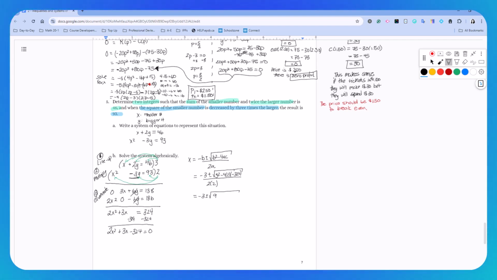So that gives us 9. A negative 4 times a positive 2 times a negative 324, that's going to be adding. So I'm going to add 4 times 2 times 324. I'm going to put that in my calculator. And you get 2,592 all over 4.